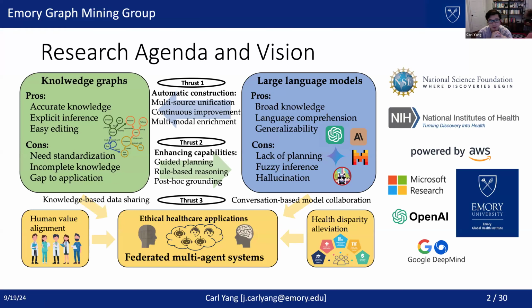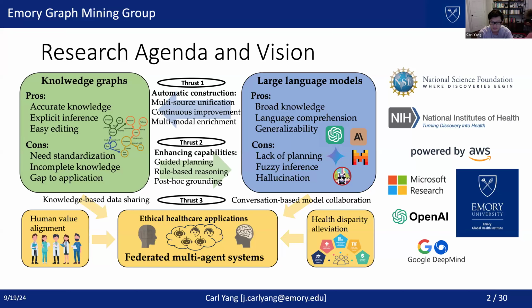On the one side, you see knowledge graphs. This is something I have been working on for many years, and it has become more interesting as we look at its potential interactions with language models. I have a few slides on why we need the knowledge graph and what it can do for healthcare. In general, there is accurate knowledge in a knowledge graph, and this knowledge can enable explicit reasoning, and it's also relatively easy to edit compared with a language model.